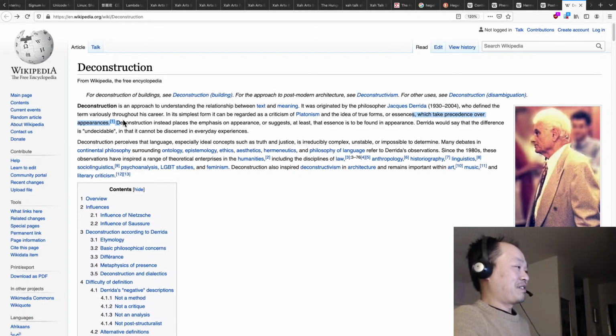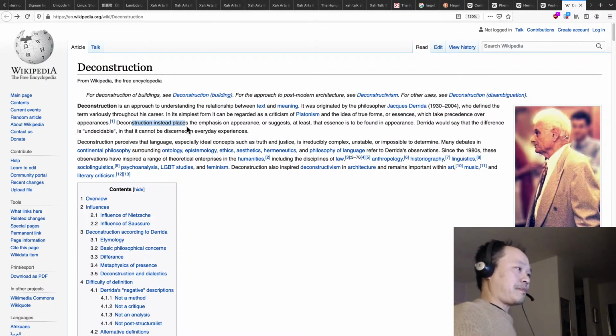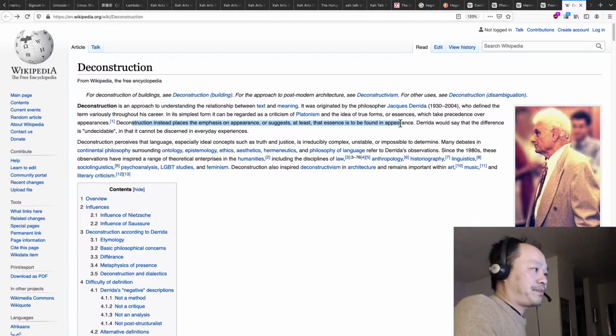So this is quite typical of this continental philosophy. It says deconstruction instead places the emphasis on appearance, or suggests at least that essence is to be found in appearance. What?